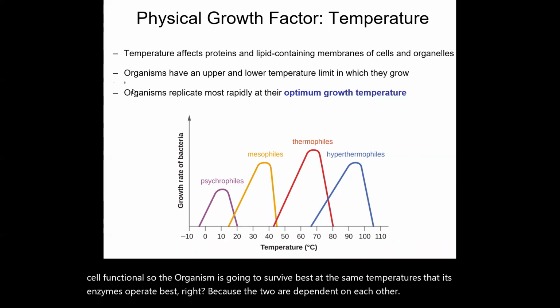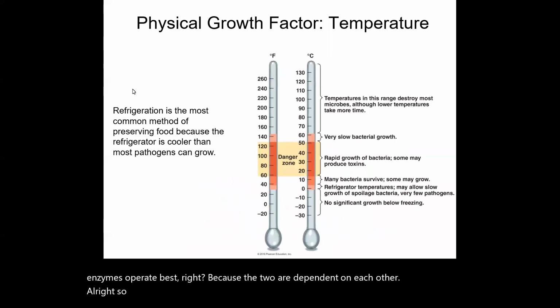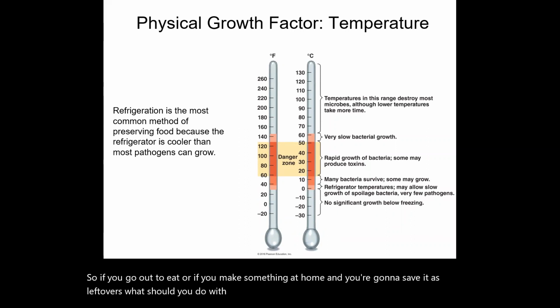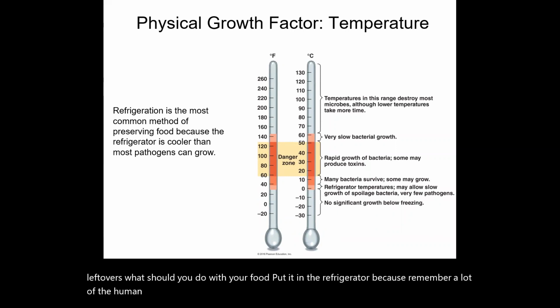All right, so let's think about an application in our everyday life. So if you go out to eat, or if you make something at home and you're going to save it as leftovers, what should you do with your food? Put it in the refrigerator. Because remember, a lot of the human pathogens have an optimal growth rate at our body temperature, about 37 degrees Celsius.